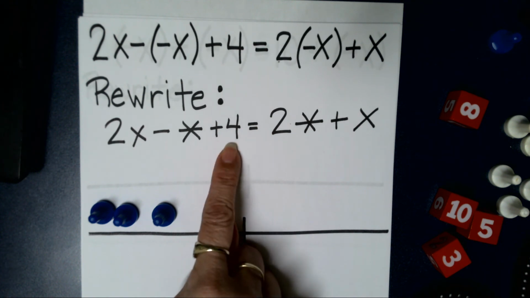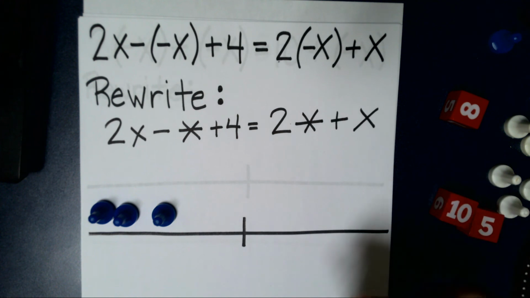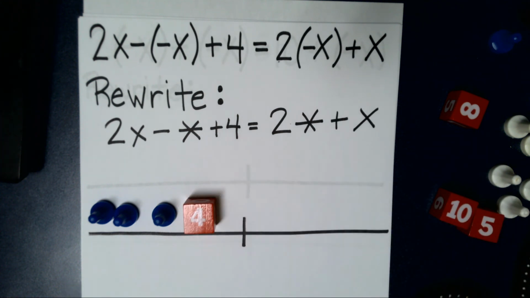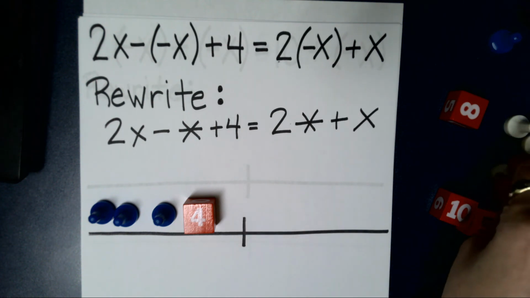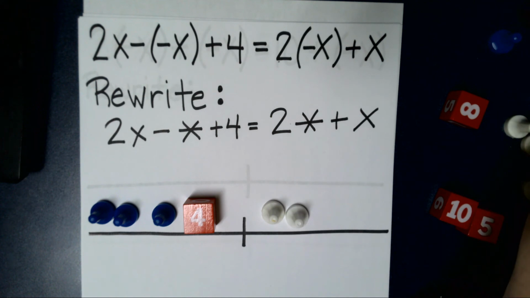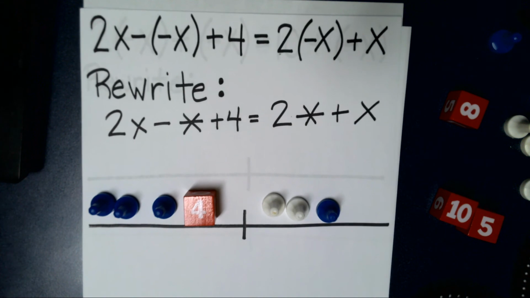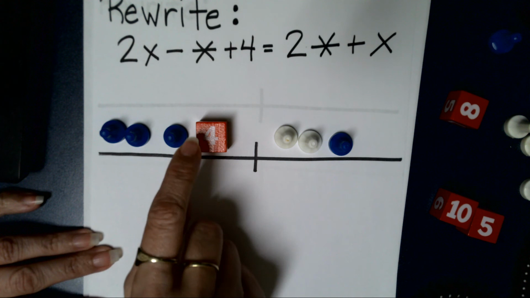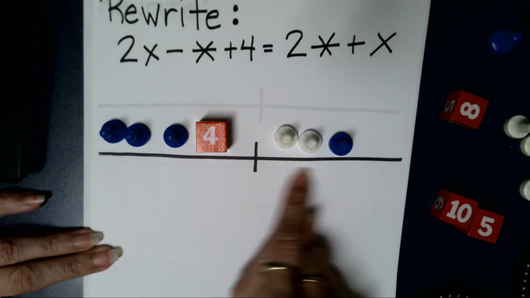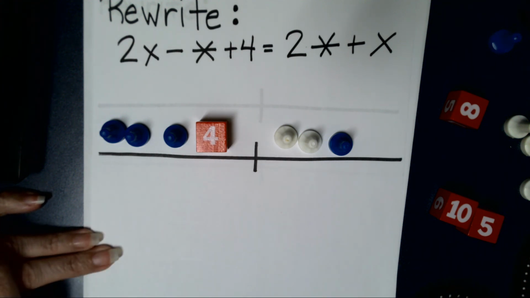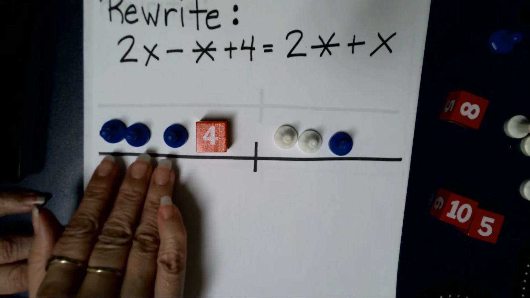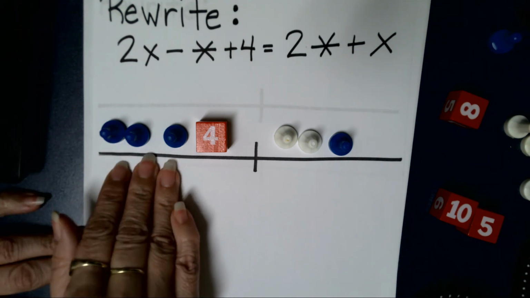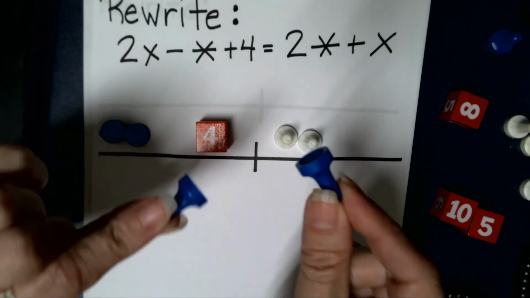The last thing to do on the left is to add a number 4 cube. And then on the right, I have 2 stars plus a pawn. So now what we're going to do is solve. We have a number cube on the left, but no number cube on the right. So we need to get rid of these pawns. The first thing I'm going to do is take away 1 pawn from each side.